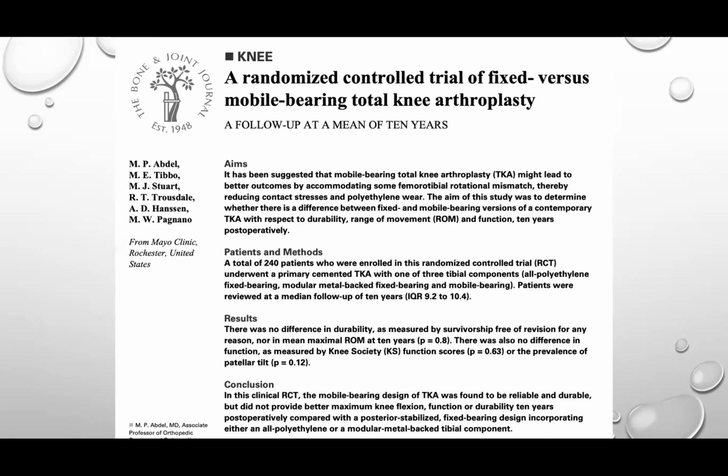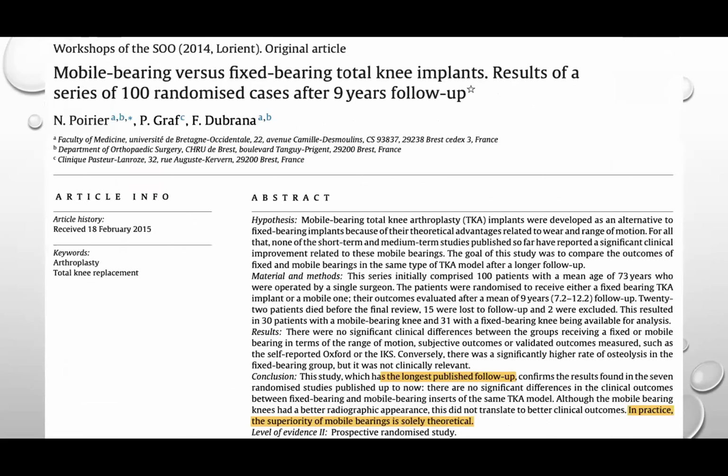and the benefit of increased rotation or range of motion of the mobile bearing is only theoretical. Another randomized controlled trial of 9-year follow-up compared fixed versus mobile bearing.